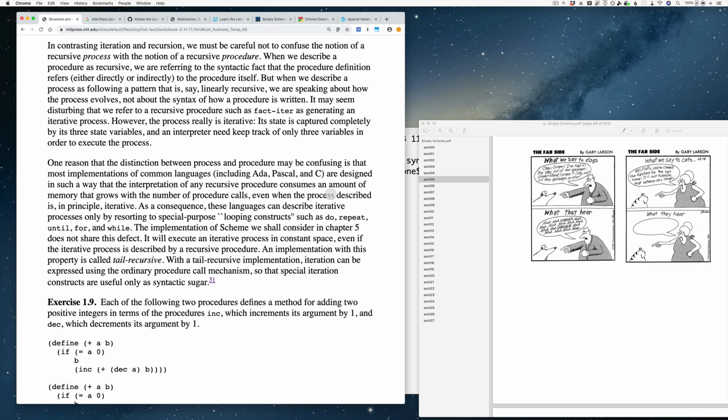You could describe something in your code that they would call a linear iterative process, but because it has a recursive call, common languages will deal with it in a recursive kind of way.